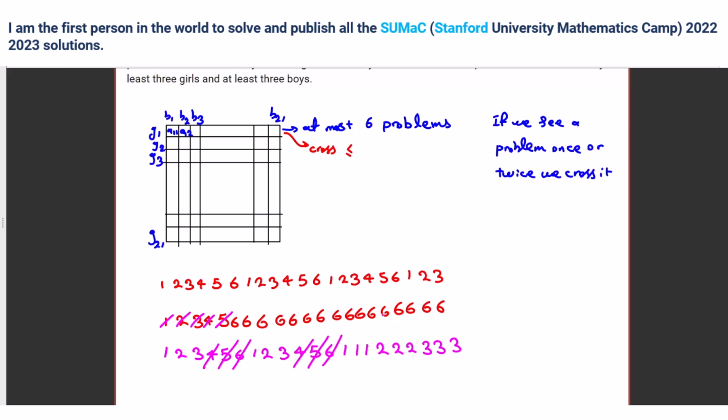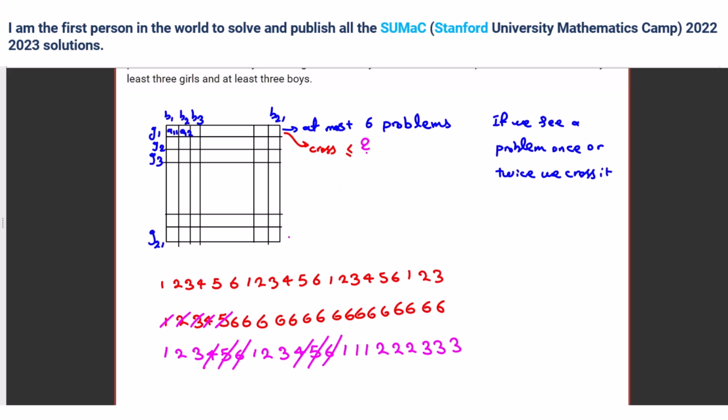So now here we cross 6 numbers. Here we cross 5 numbers. I said we cross how many numbers at most? Is it 10 cells?